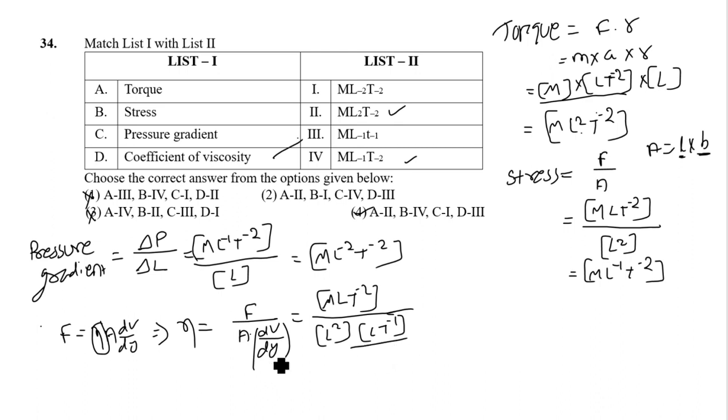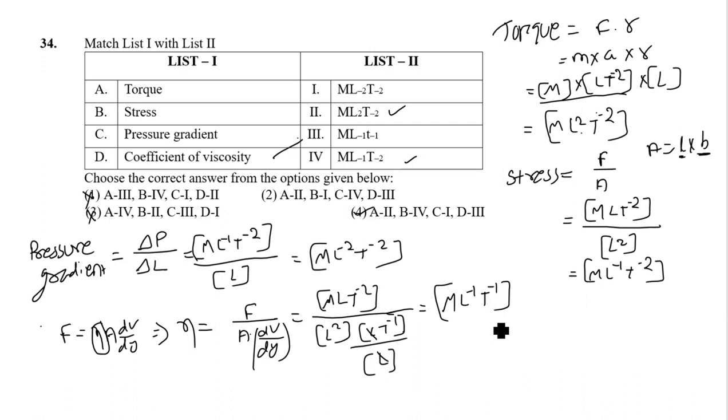It's divided by this y, which is simply length, we just write L. This L gets cancelled, so now it will become M L minus 1 T minus 1. So this is the dimension of the coefficient of viscosity.